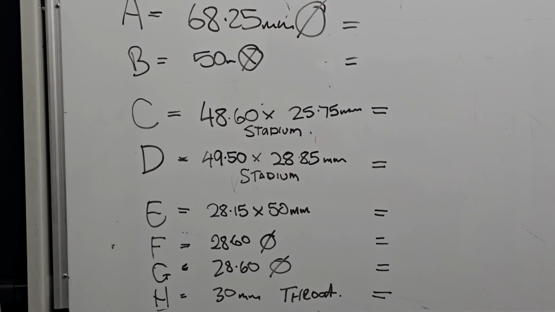B is actually the manifold diameter from where the taper starts. So the end of the radius to where the taper starts. This is pretty much just past this point is our actual induction length.